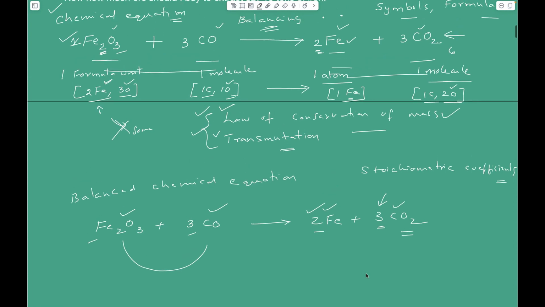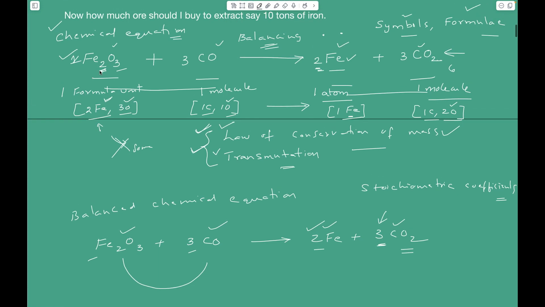Now, how did we balance this equation? First of all, why did we balance this equation? To apply these two conditions. Now, how did I apply these two conditions? By making sure that atoms of each element are the same on both sides of this equation.